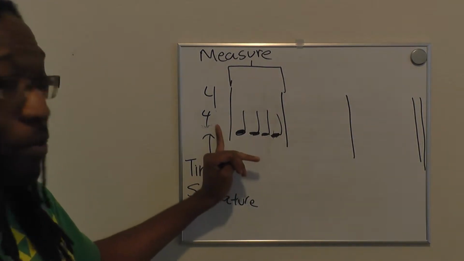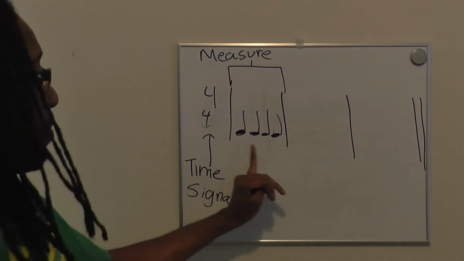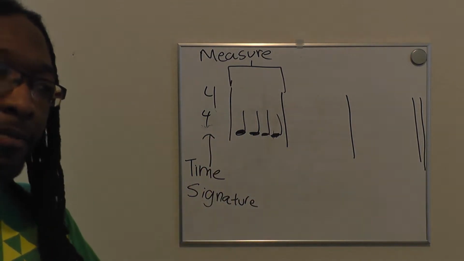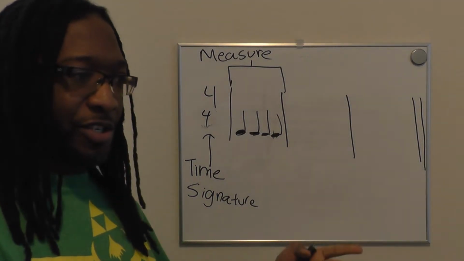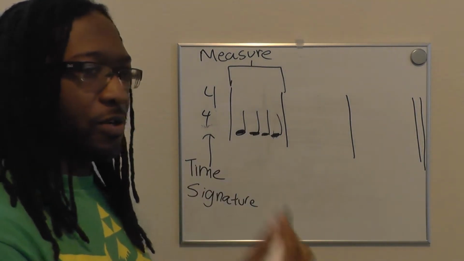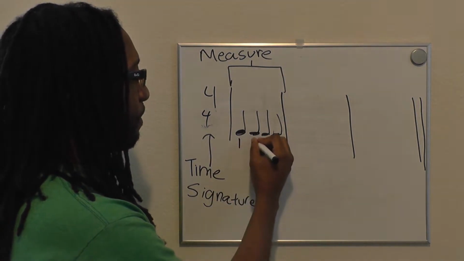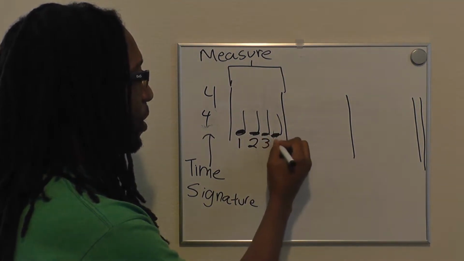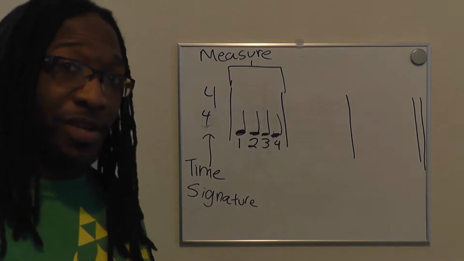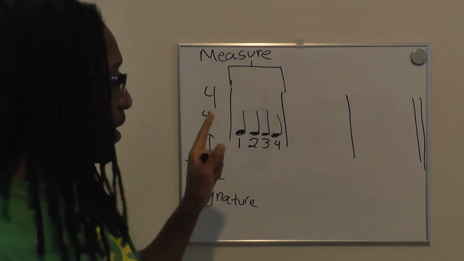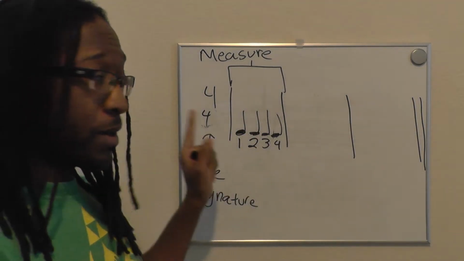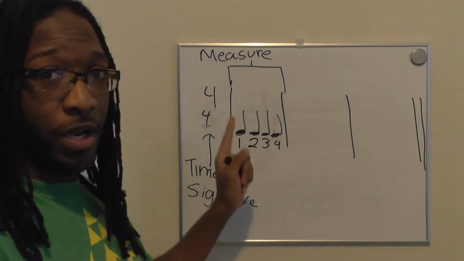Now, we know that there are 4 beats that are represented in here. I want to number these to show how I'm using my beats. So I'm going to use numbers. 1, 2, 3, 4. Because each one of these notes makes 1 sound on the beat. 1, 2, 3, 4. 1, 2, 3, 4.